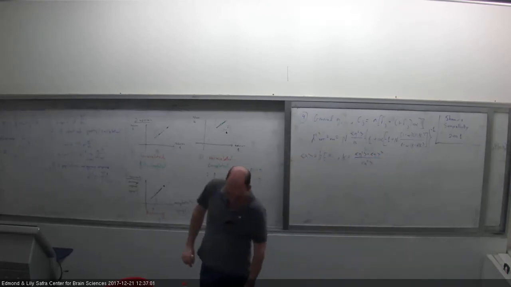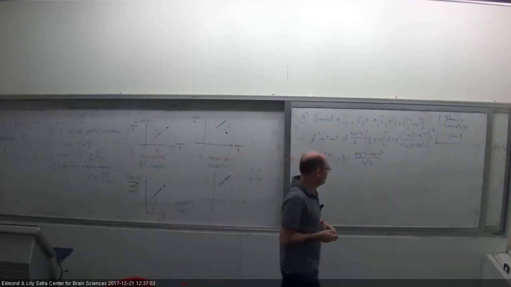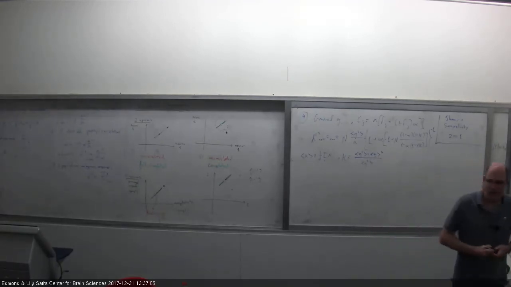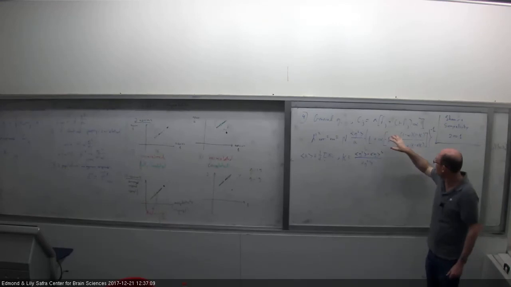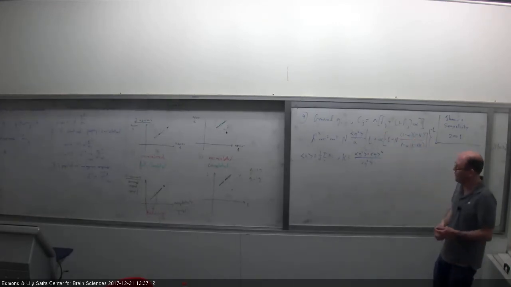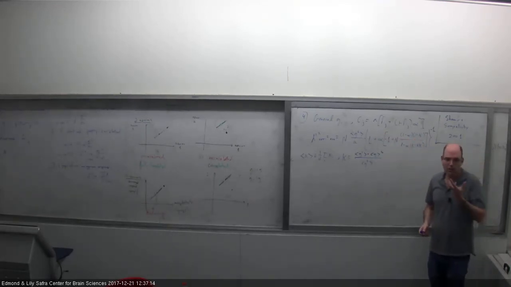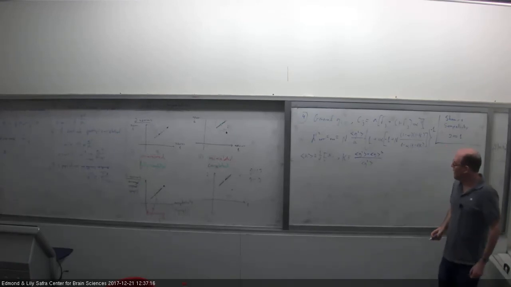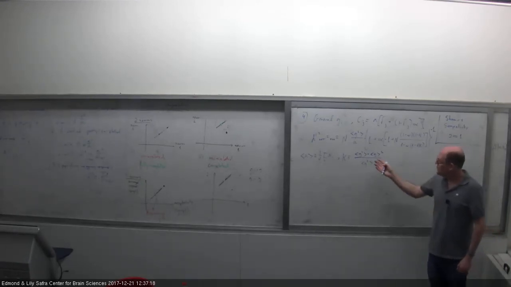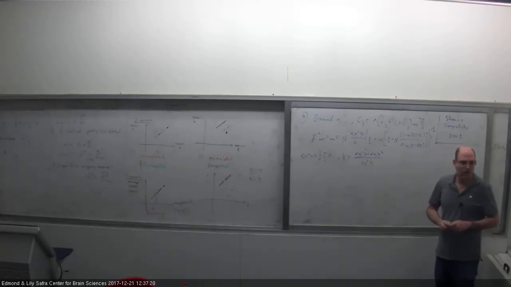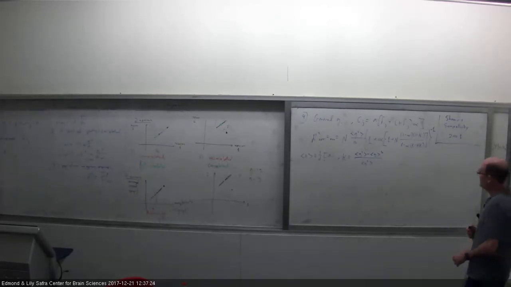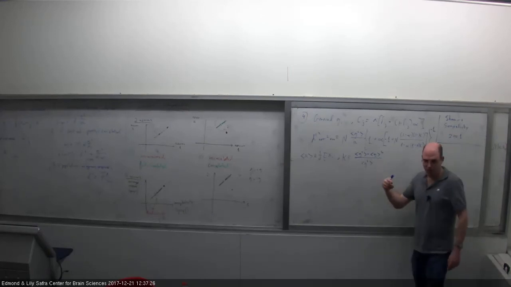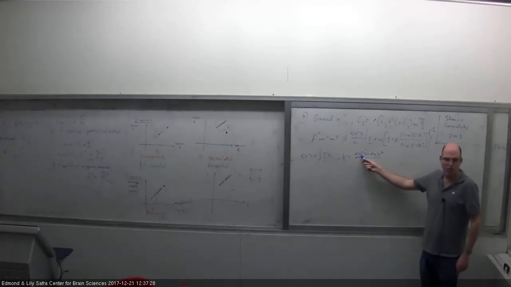Now kappa comes out from working with this expression, but kappa has a meaning. If kappa is 0, what does that mean? It means that the variance across the neurons of G is 0, which actually means that all the G's have to be the same.